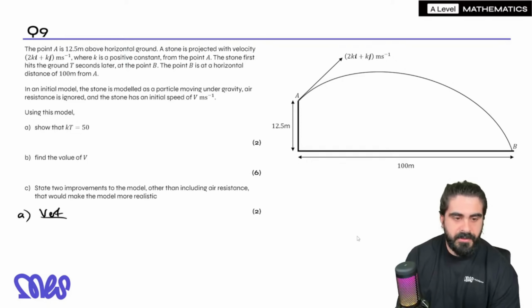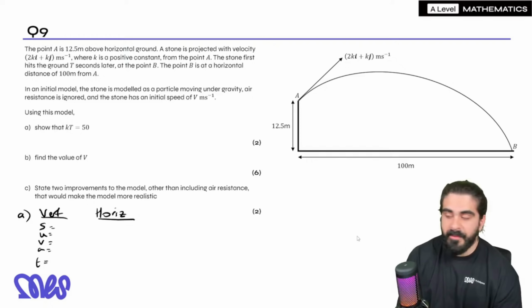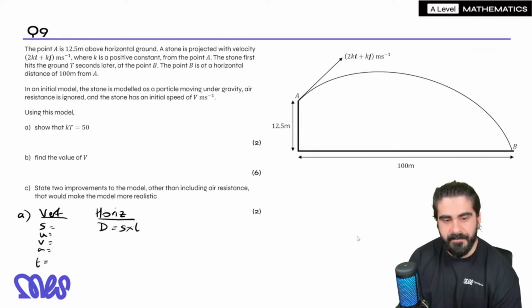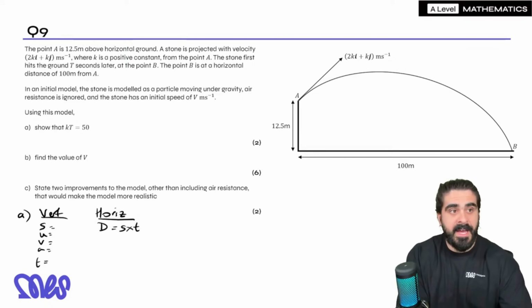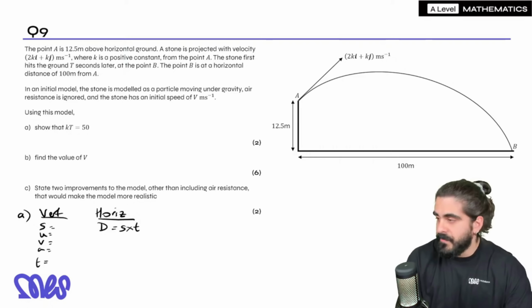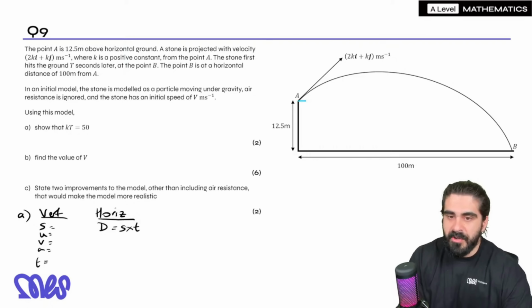Vertical, horizontal. And you fill out as much as you can. Remember, for the horizontal, there's no acceleration, so you just say distance is speed times time. Now, I annotate the diagram, but in vector form, it's always great because we know the horizontal and the vertical.